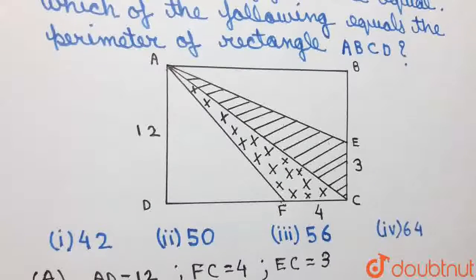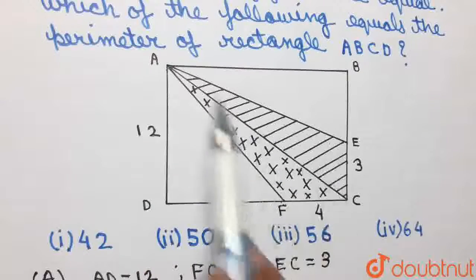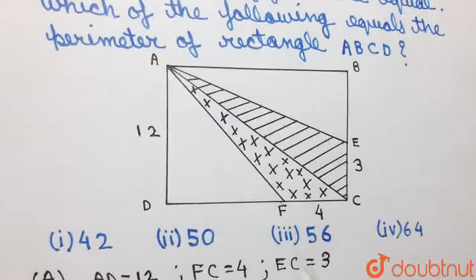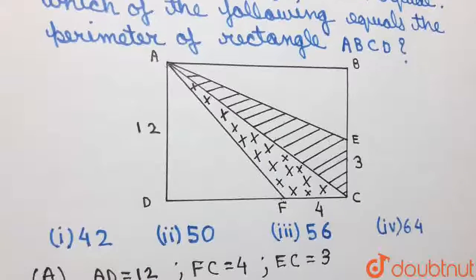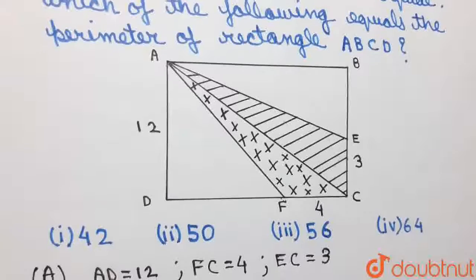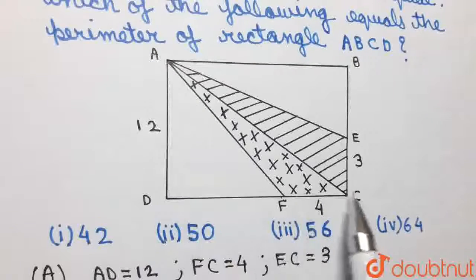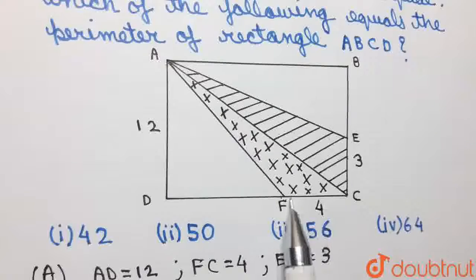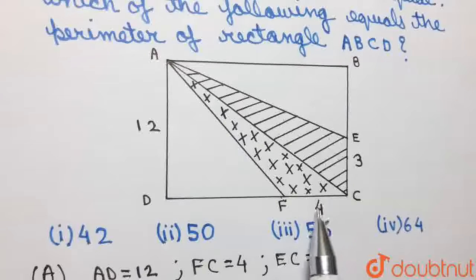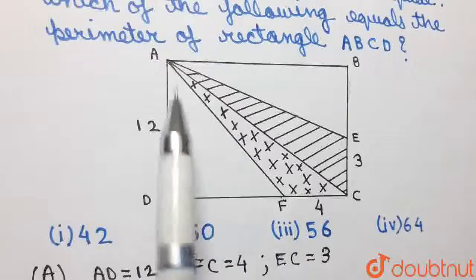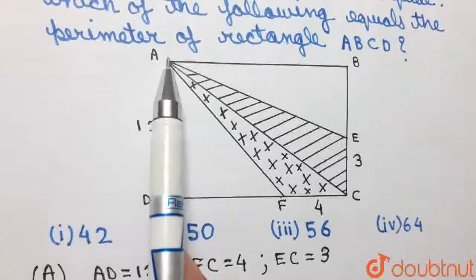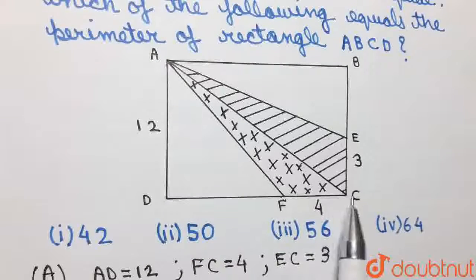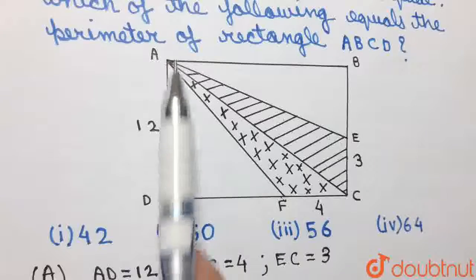Hence the area of this crossed region, that is the area of this triangle, will be given by the formula half into base into height. For this obtuse angle triangle, the base is FC, whereas the height is the distance of the topmost vertex of the triangle from the base, that is AD.